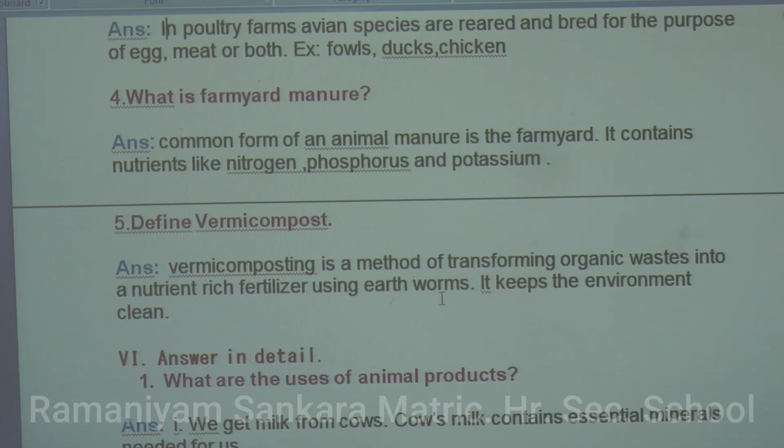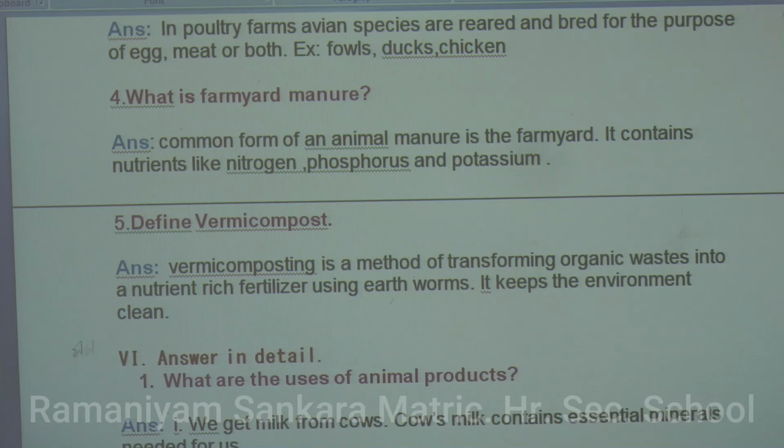We get waste from plants and animals, plant waste and animal waste, and we also use paper and leaves. That waste is changed into a nutrient rich fertilizer using earthworms. Since the waste is converted into a fertilizer using earthworms, that is called vermicompost.